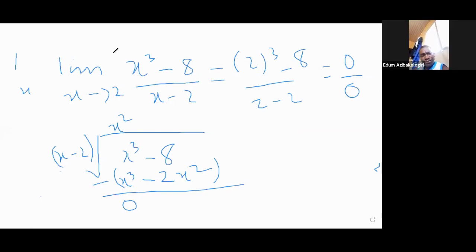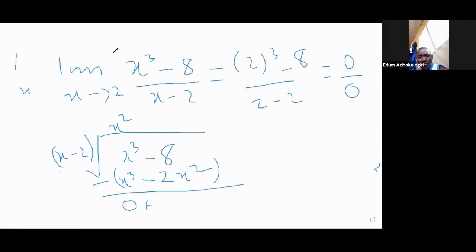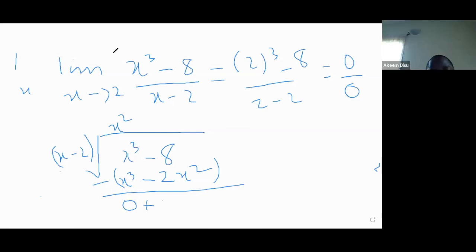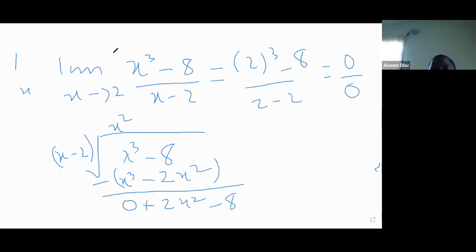We now put minus here. x cubed minus x cubed is 0. Then minus times minus will give us plus. That will give you 2x squared minus, and we bring the 8 down, minus 8.